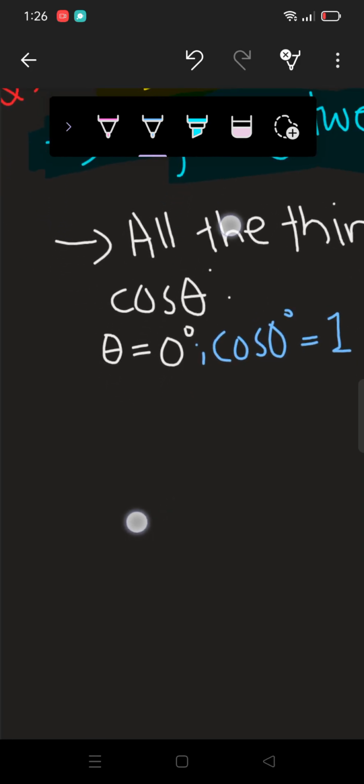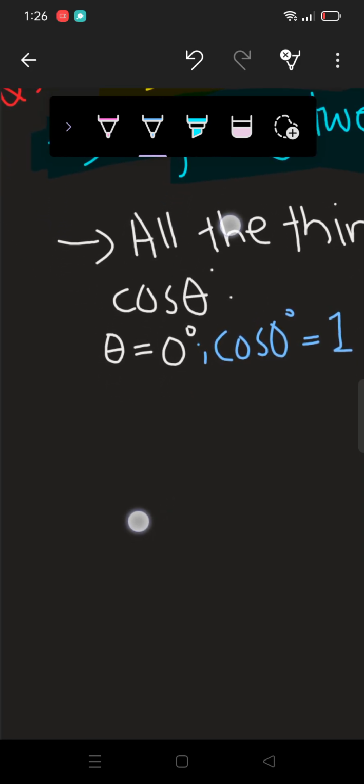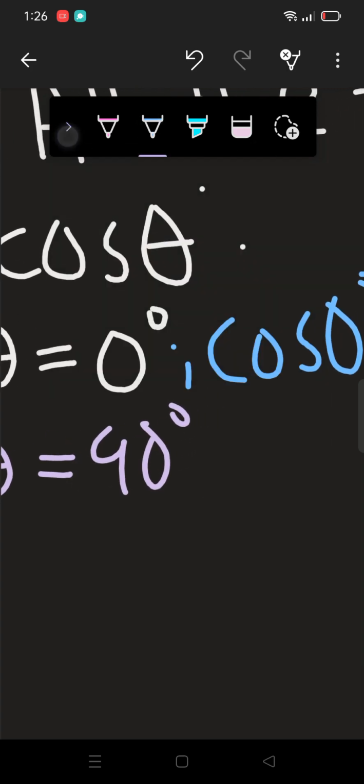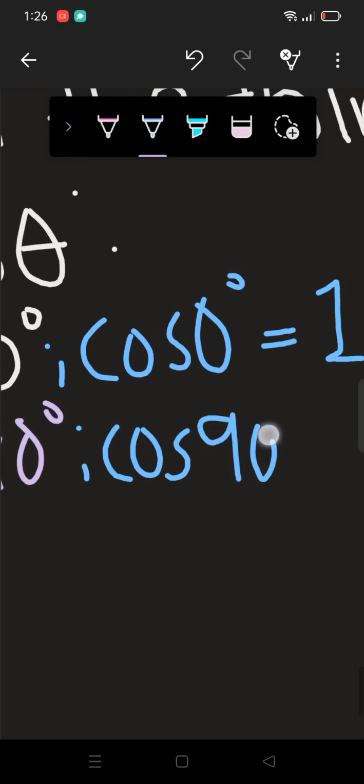Alright, now if the angle between the electric field intensity and the small element of vector area is 90 degrees, so theta is 90 now, and we know that cos 90 is equal to 0.